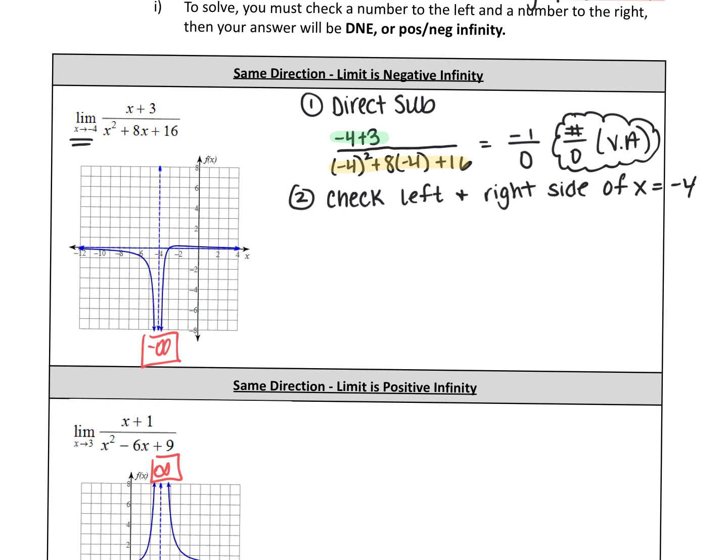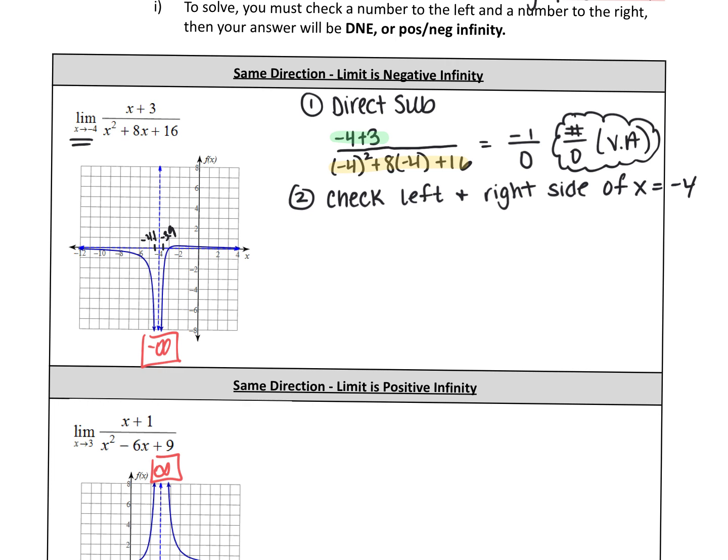So maybe at -4.1, or to the right of it, -3.9, as close to -4 as you can get. I want to test those values.